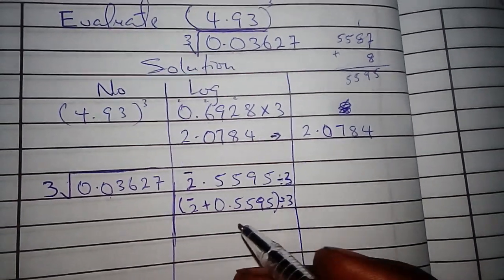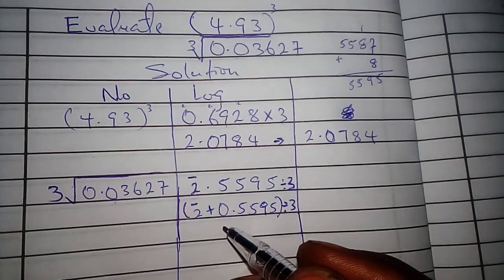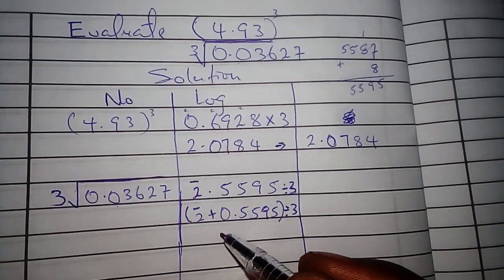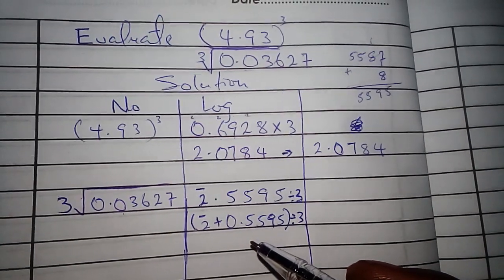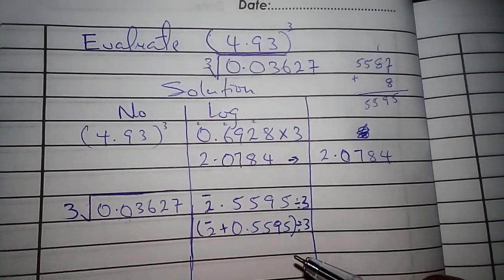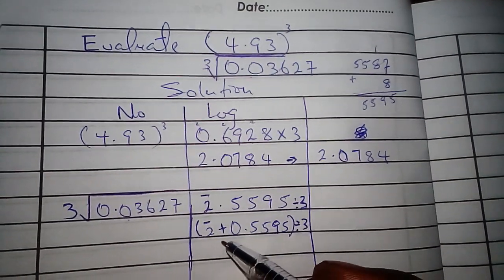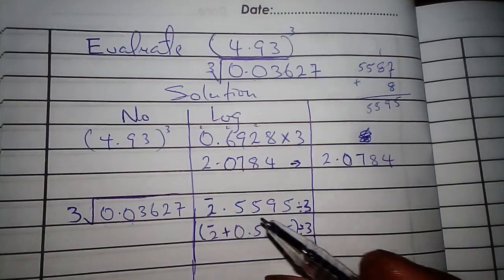Now, having done that, we are going to look for a number that, when we plus it with minus 2, will give us bar 2 back.